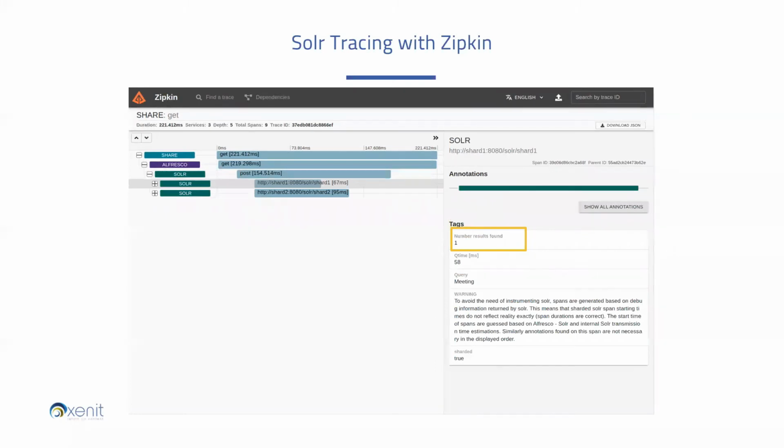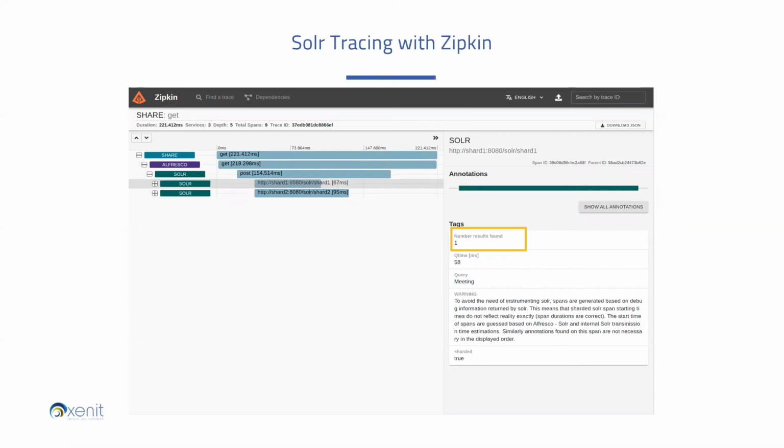But what do we see here? We see actually two shards being queried in Solr. So you look inside Solr, what is happening there? And shard number one, which you see on the right-hand side on the top, is being queried, and it returns one result in a query time of 58 milliseconds.